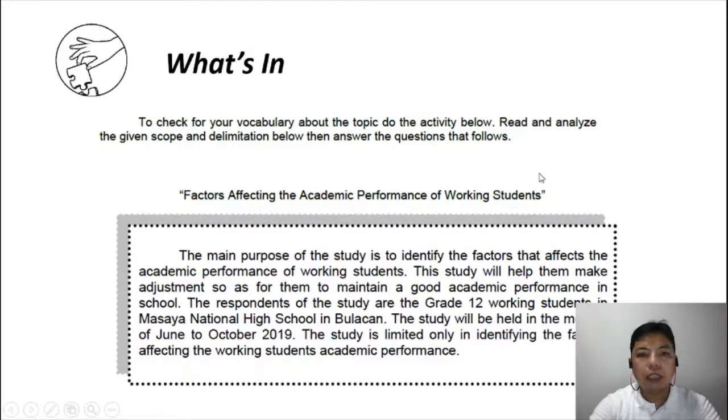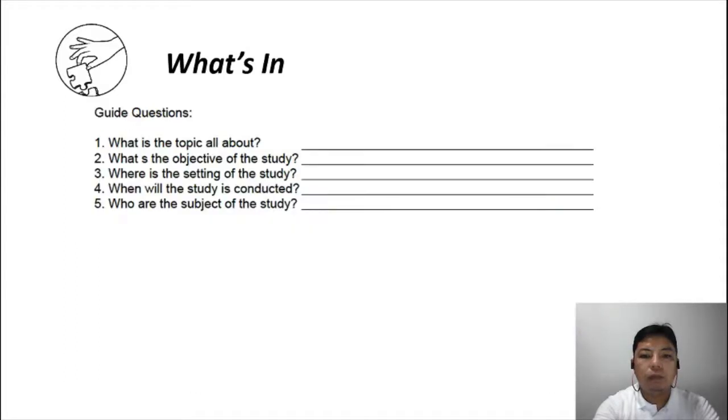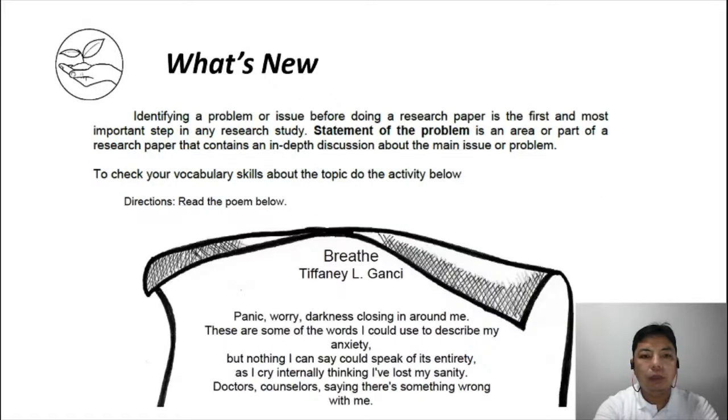Okay, for the second activity, read and analyze the given scope and delimitation below, then answer the questions that follow. And for our third activity, identifying a problem or issue before doing a research paper is the first and most important step in any research study.